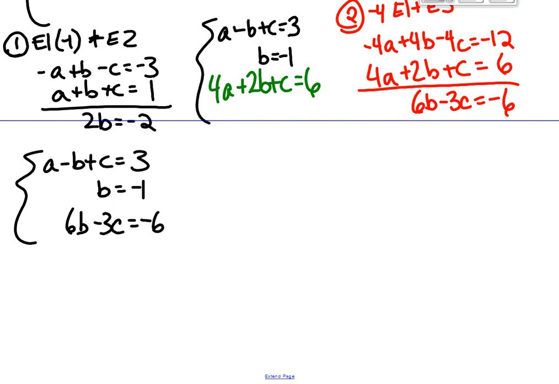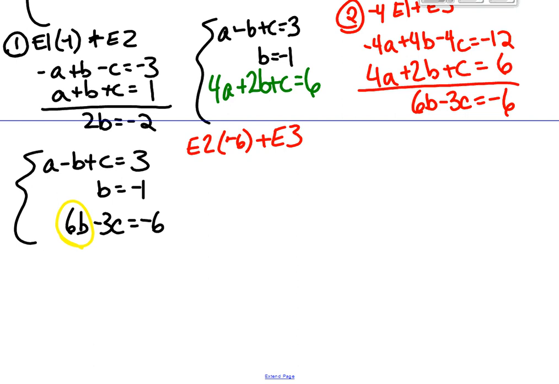So now I want to get rid of this 6B in row 3. So I'm going to take E2 times -6 and add it to E3.